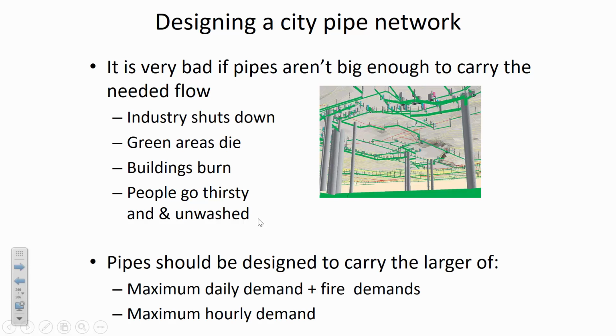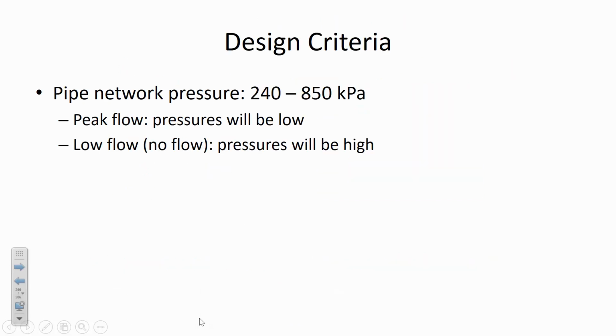And so your sizing at each of the locations, the design condition should be the larger of either the maximum daily demand plus fire or maximum hourly demand. And so you've just gone through that activity to find out what's the flow rate required at each of the junctions where there's a green arrow on the map.